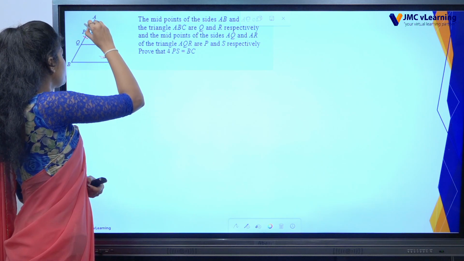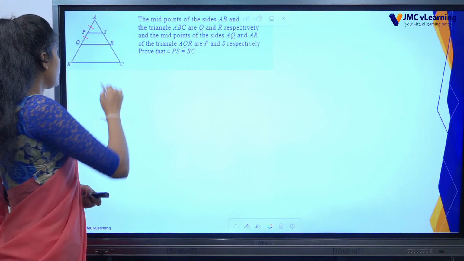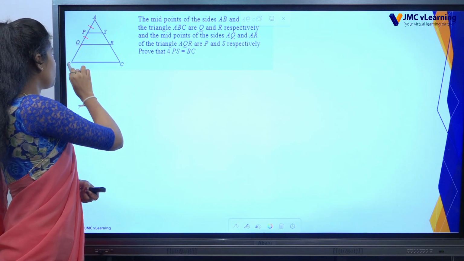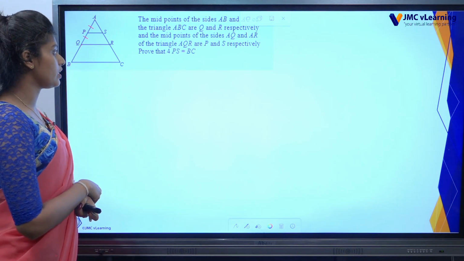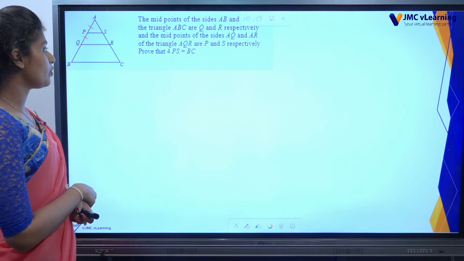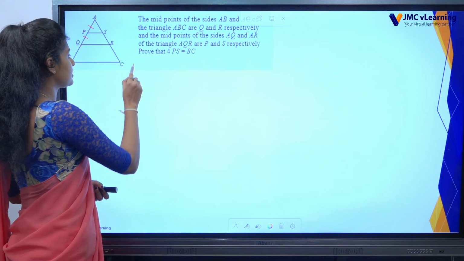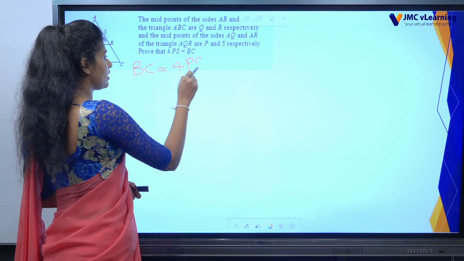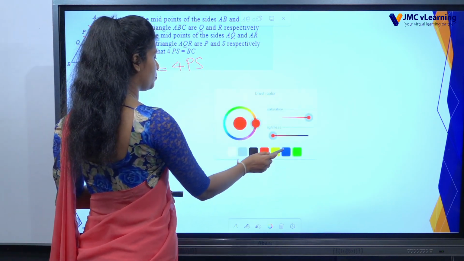That means these two sides are equal in length. Here AQ side length and QB side length are also equal in length. Now you have to prove BC is equal to 4PS. Then how can you prove this one?